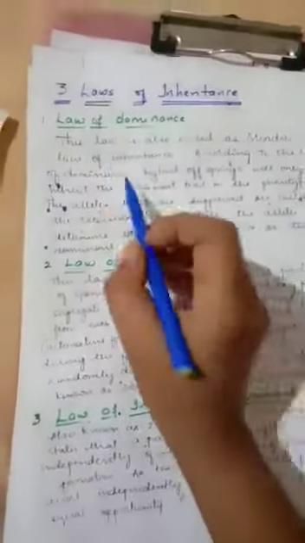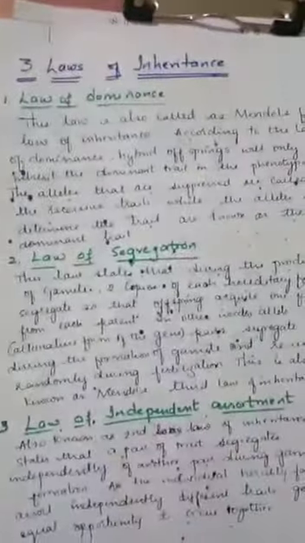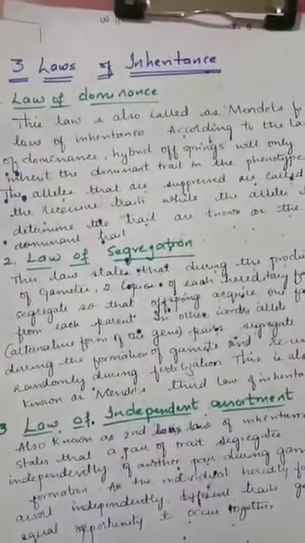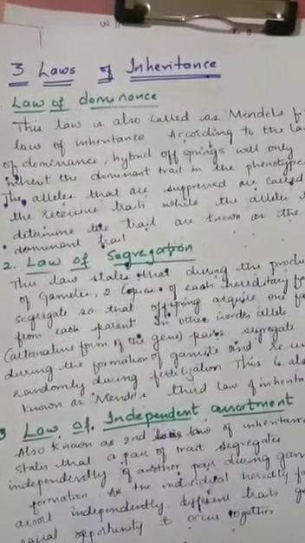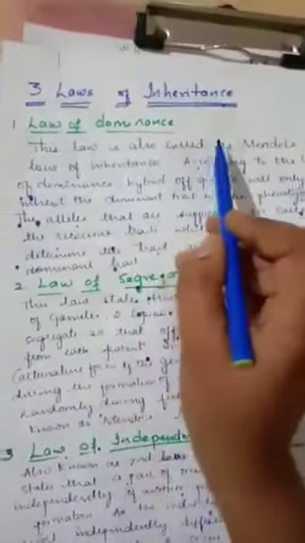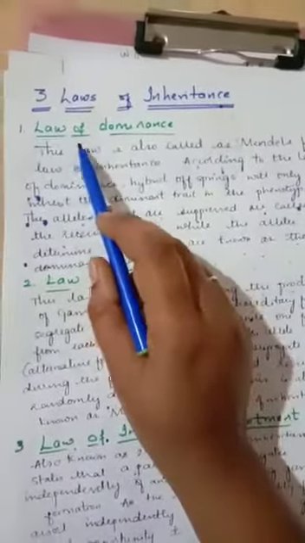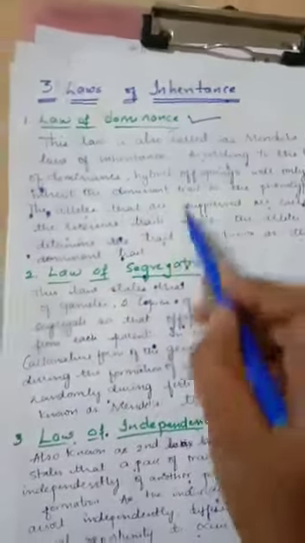So children, we understood what is monohybrid inheritance and dihybrid inheritance. So we need to understand 3 laws of inheritance. One is the law of dominance, another one is the law of segregation, and the last one is the law of independent assortment.